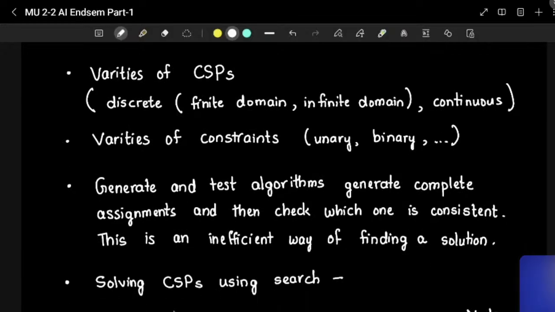So varieties of CSPs. The values could be discrete, they could be continuous. Discrete means, for example, colors, red, blue, green. These are discrete. But if you take the entire spectrum of colors, probably it's continuous, because you could always make a new color within the entire spectrum.